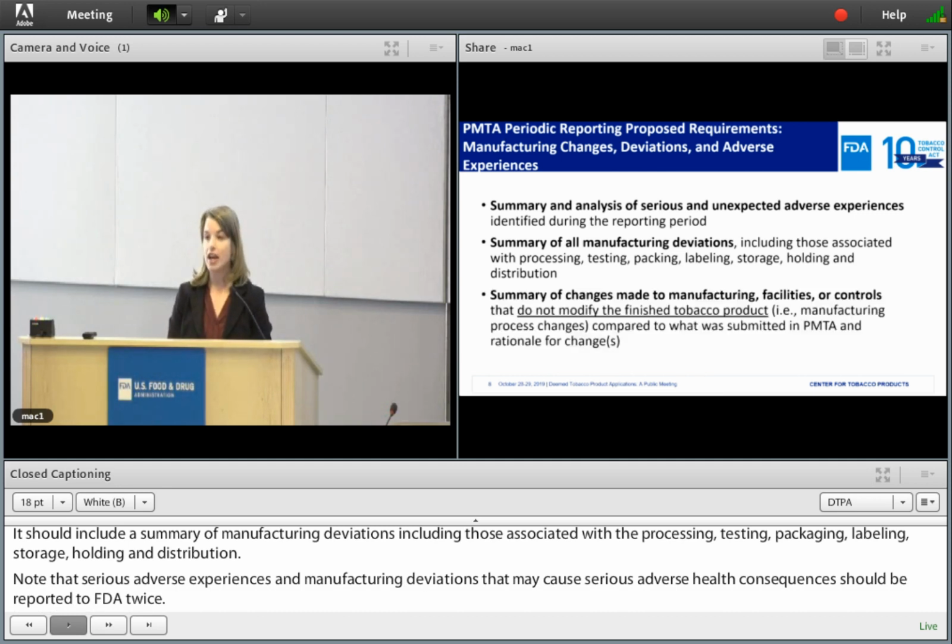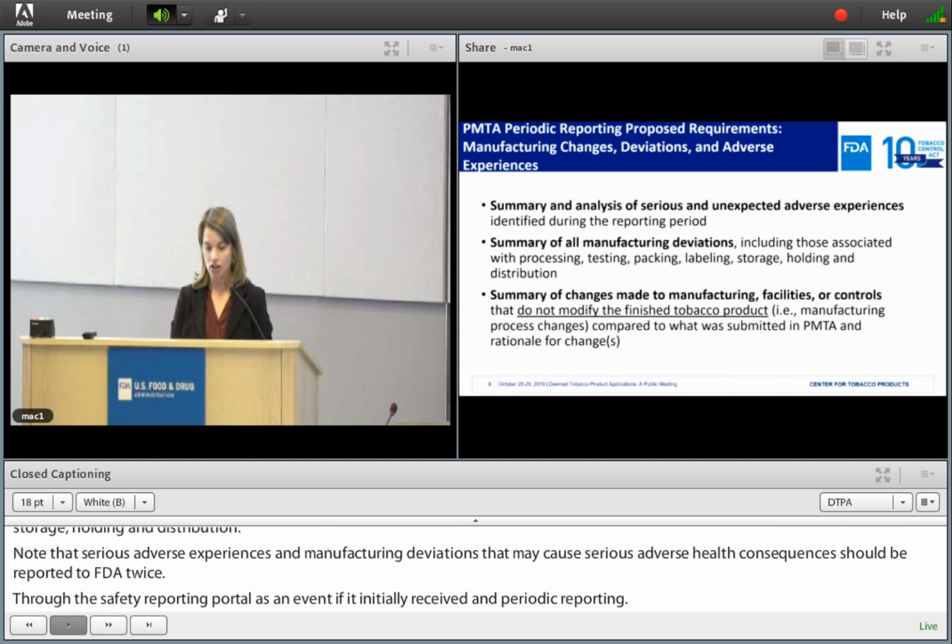A summary of changes made to the manufacturing facilities or controls that do not modify the finished tobacco product, such as manufacturing process changes compared to what was submitted into the PMTA, should also be reported, as well as a rationale for each change.